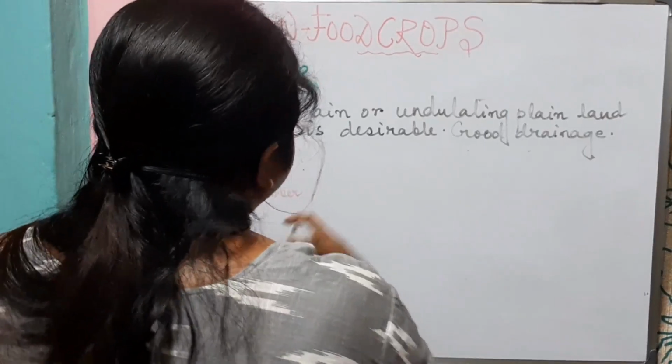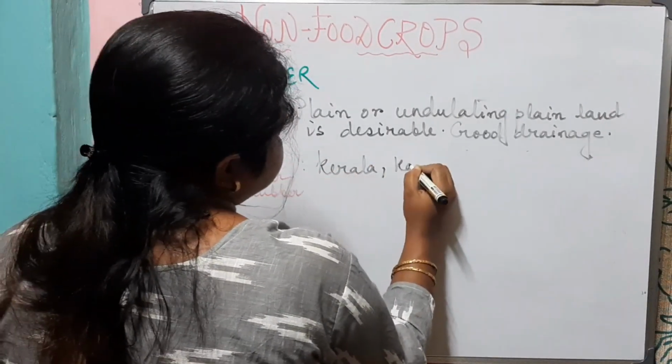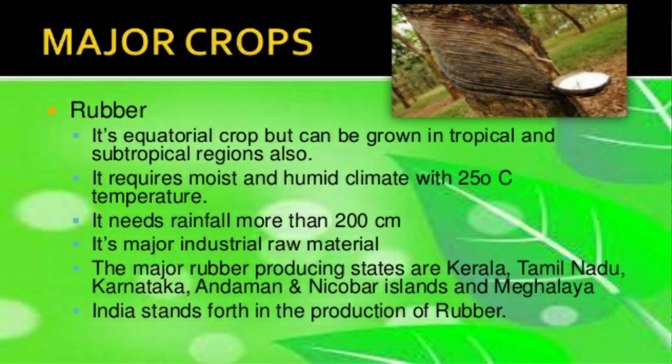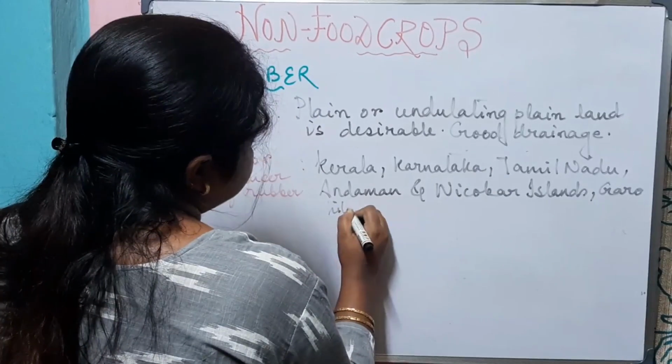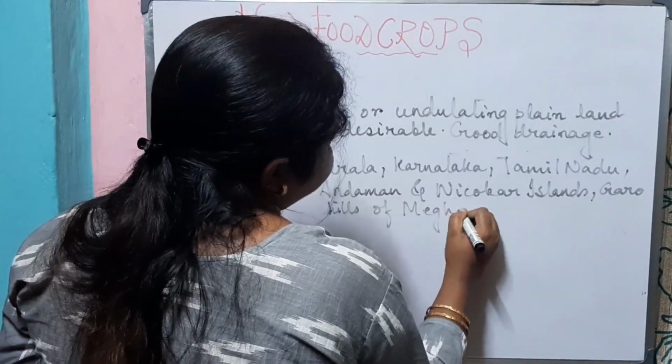Major producers of rubber are Kerala, Karnataka, Tamil Nadu, Andaman and Nicobar Islands, and the Garo Hills of Meghalaya.